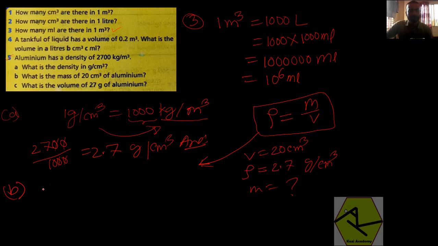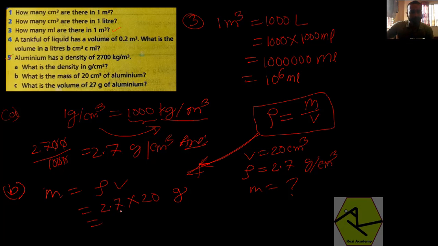By rearranging this equation, we get m equals rho times V. So put the value 2.7 times volume V equals 20, and definitely the mass will be in gram. So the mass is 20 times 2.7.